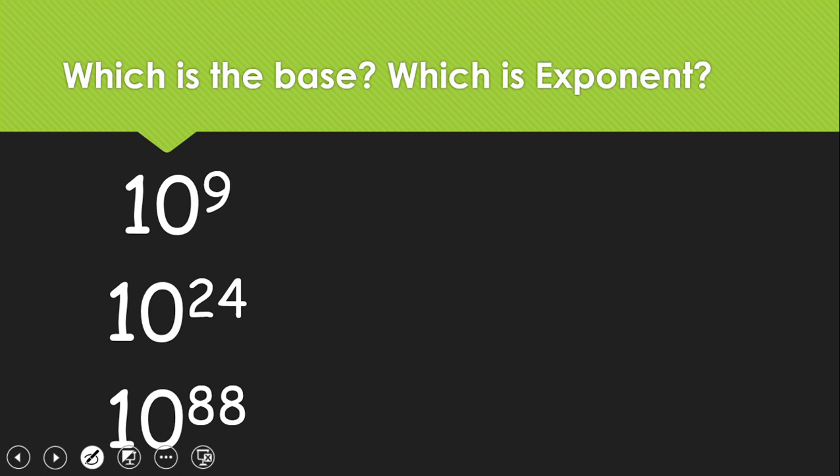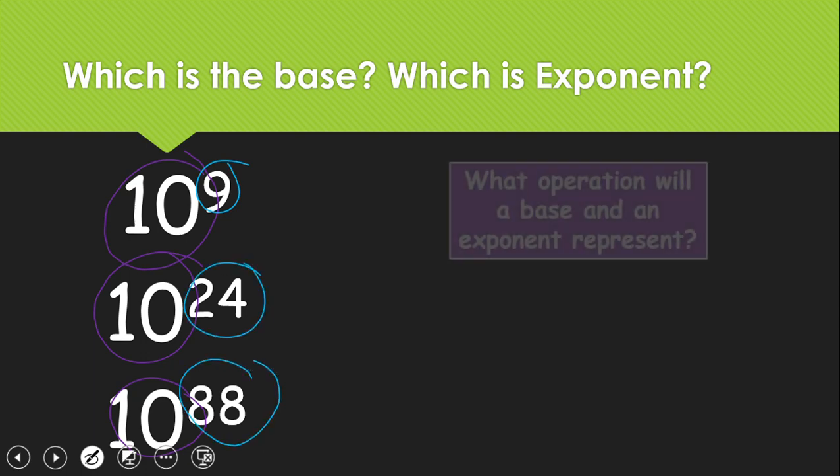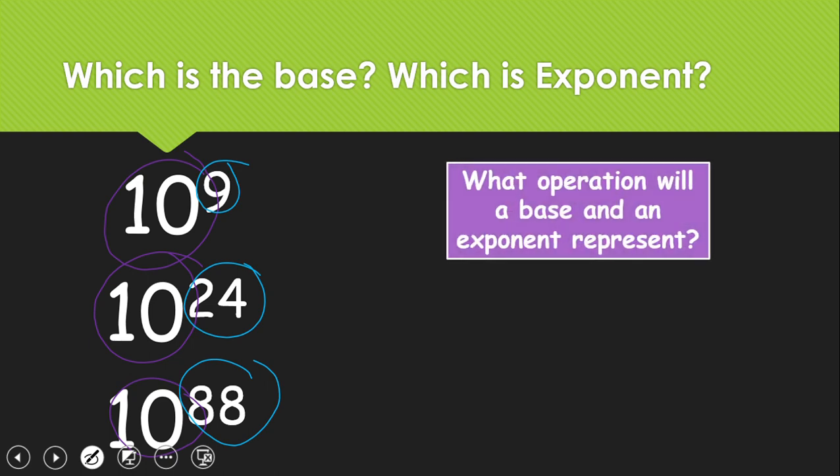Okay, go ahead and tell me which of these is the base and which is the exponent. Good. The base is 10, and our exponent is 9. Very nice. What operation will a base and an exponent represent?